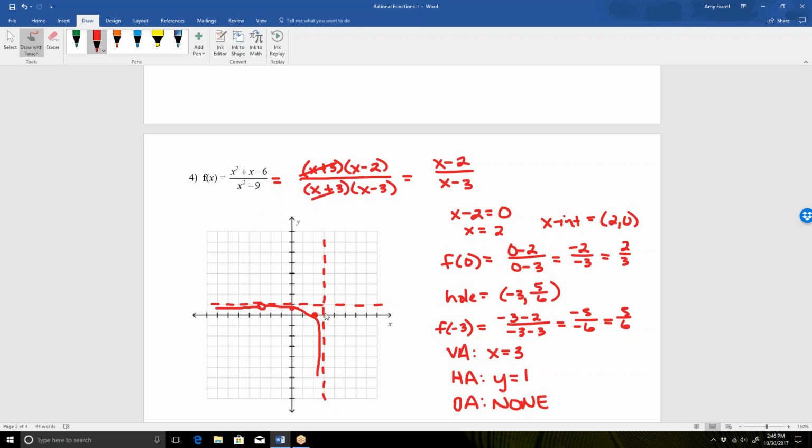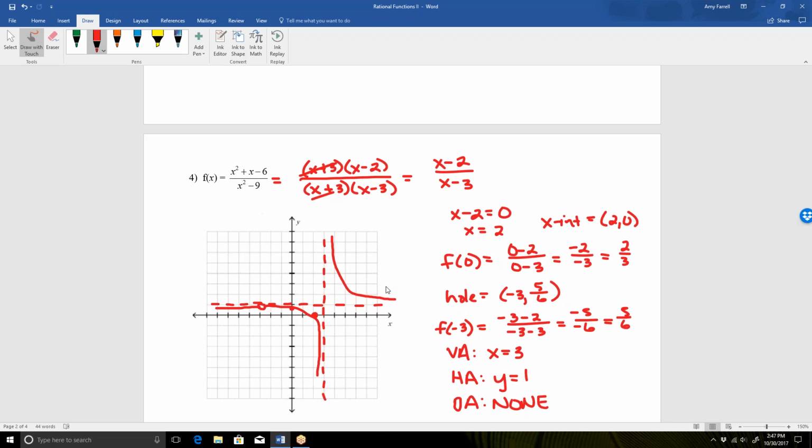I can pick an x value greater than 3 to see what's going on over here. I could also, let me tell you a little trick too. I could also tell the curve's got to be up here. I can tell that because I only have one x-intercept. If I had a curve down here, then I would have to have a second x-intercept, which I do not.